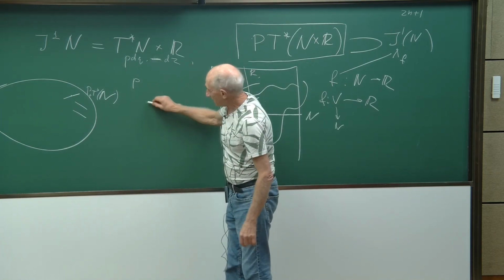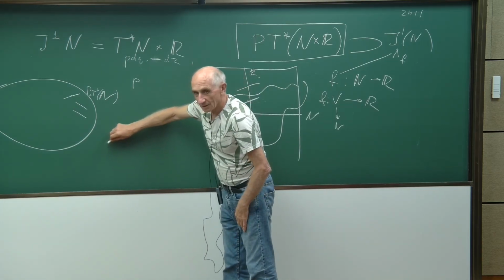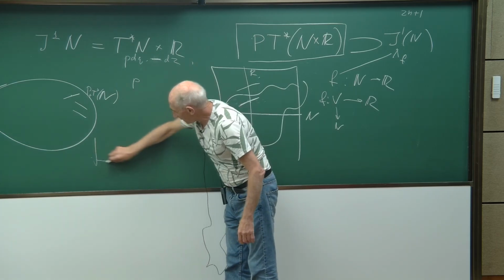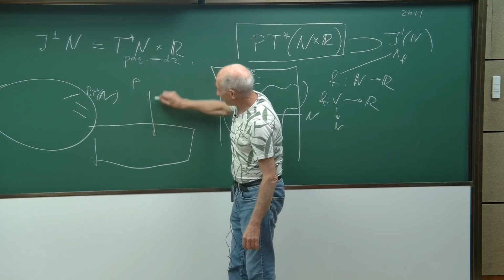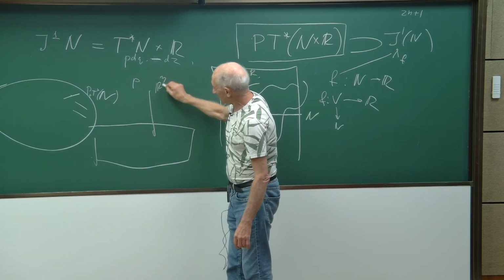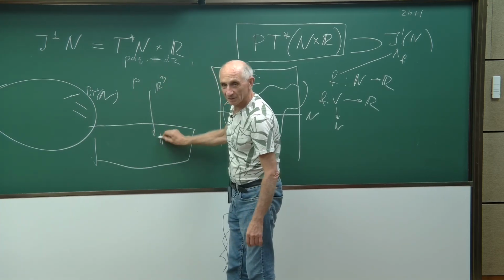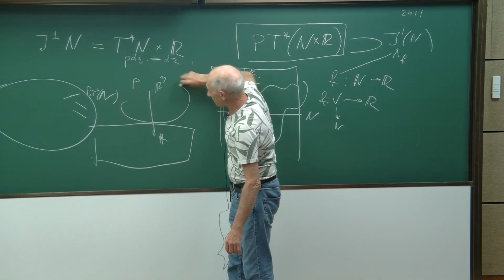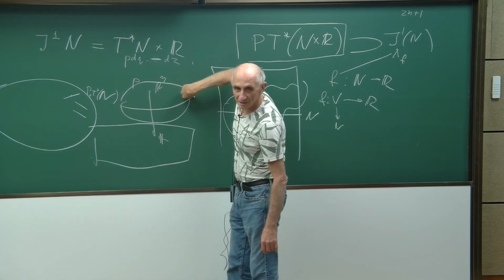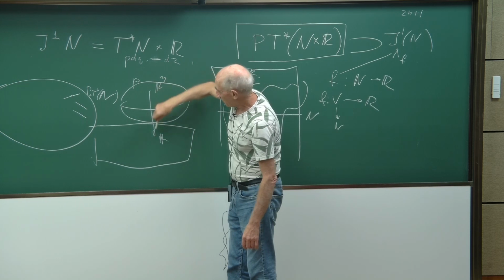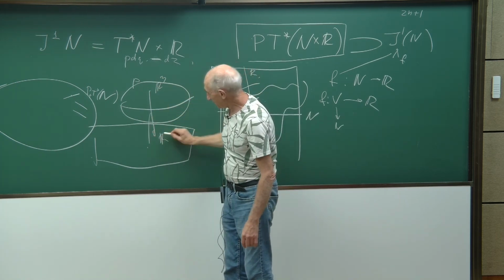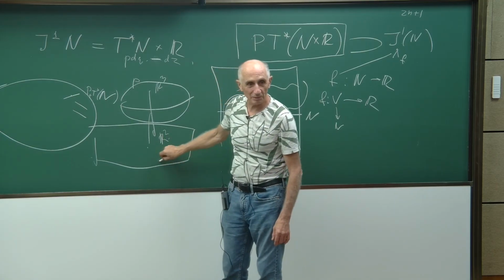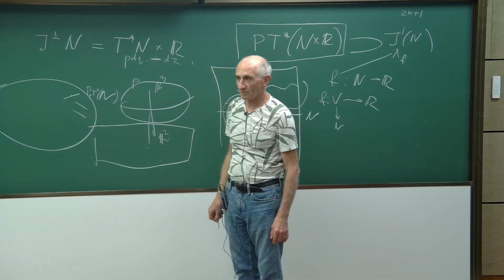Suppose I take R3 projected to the plane, and I take some surface sitting in R3. The question: what kind of Legendrian submanifold does it generate inside R2, inside the projectivized cotangent bundle of R2?